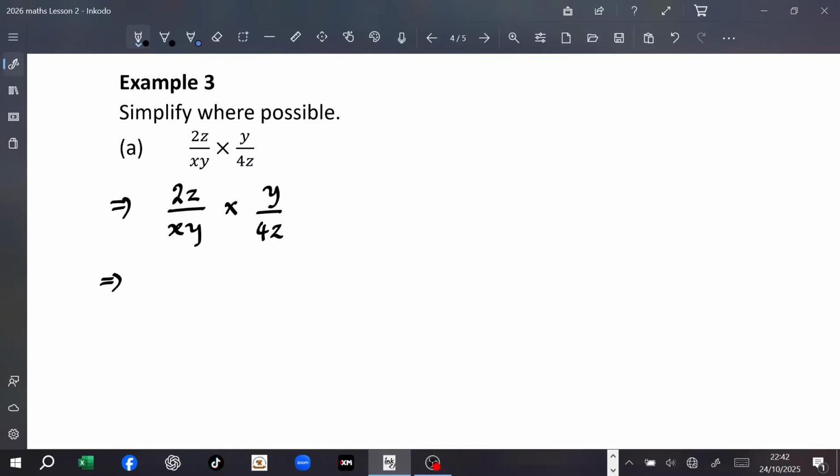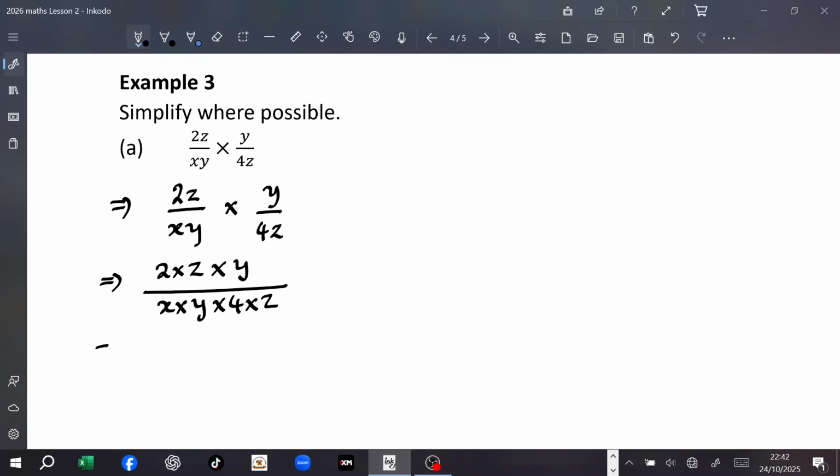You say, you multiply everything. You say 2 times z times y. So this one times there, then one bracket will say over. Then what is down here, you have x times y times 4 times z.